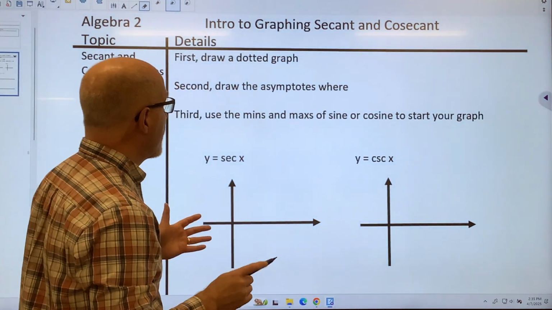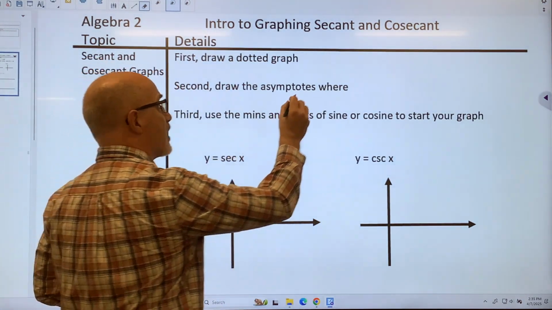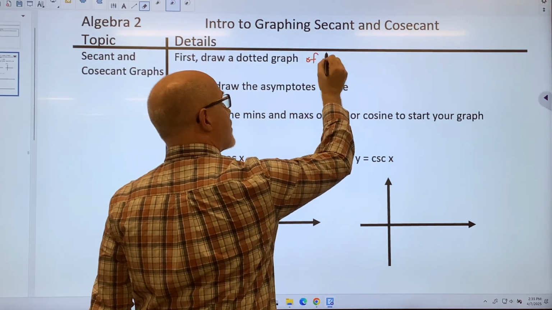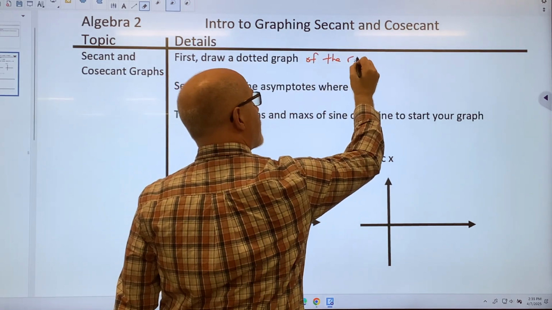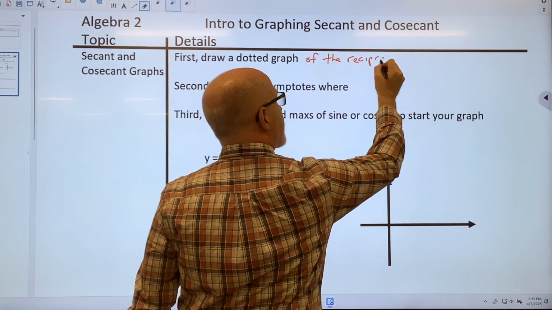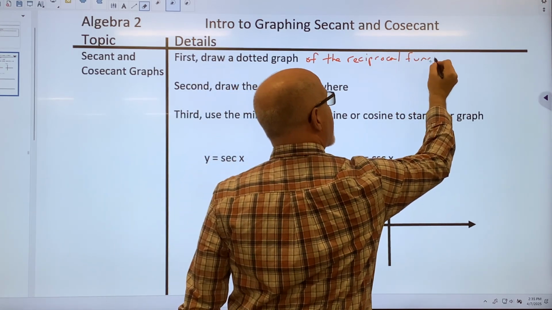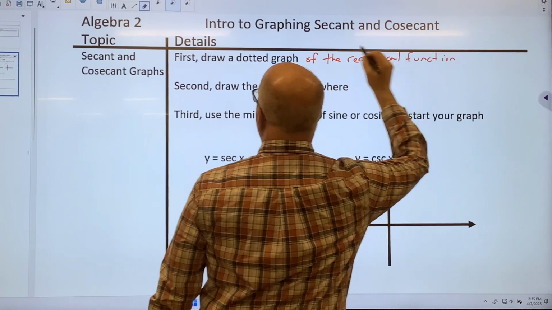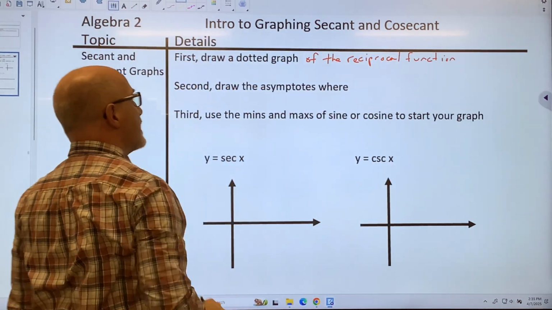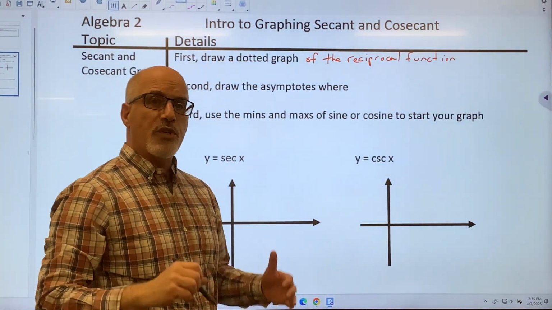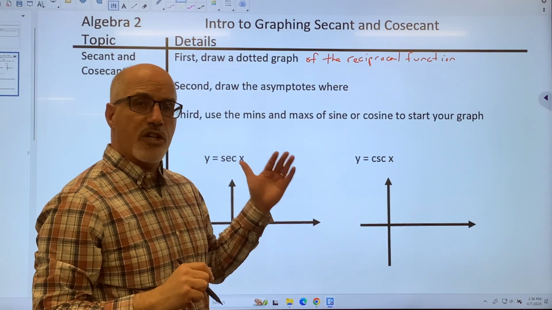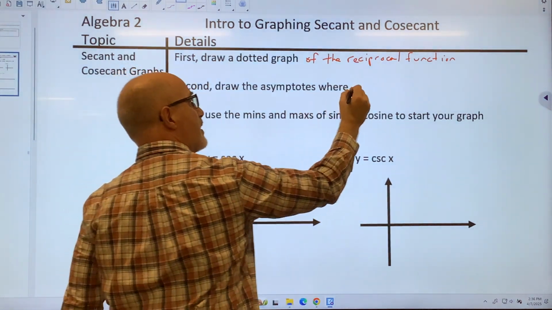So first of all, our first idea is to draw a dotted graph of the reciprocal function. Next, what you want to do is draw the asymptotes where this reciprocal function crosses the midline.